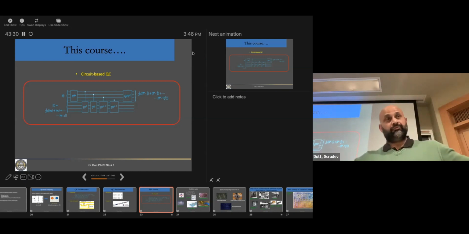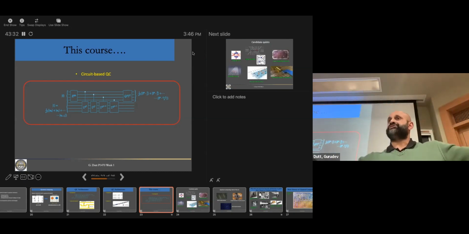So that's what we're going to talk about. I just want you to keep that picture in mind: there are 4 different architectural models for quantum computing, and we are going to stick only to this one type. It's useful to keep this in mind because who knows, in a year or 2 from now, somebody might say, I came up with a completely new algorithm which proves that P equals NP, for those who are in computer science, or P not equal to NP, whatever.